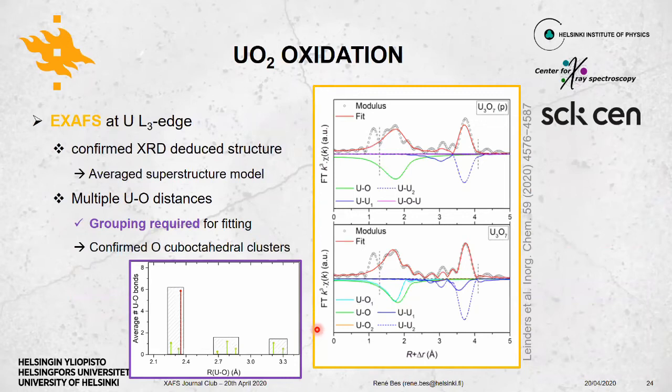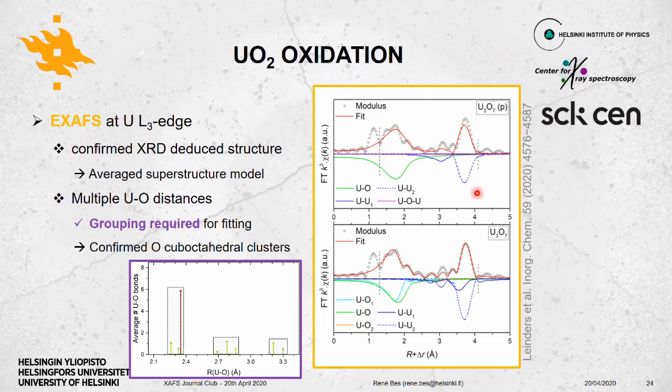First, we did XAS like previously because it's the first step. And we studied it using two different crystal structures. The first one is a U3O7 primitive cell based on a different crystallographic structure than the fluorite structure, and it shows that the fitting was not good at all.